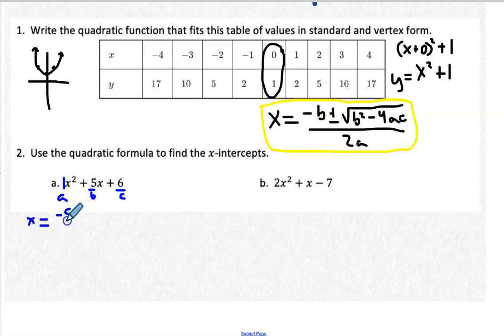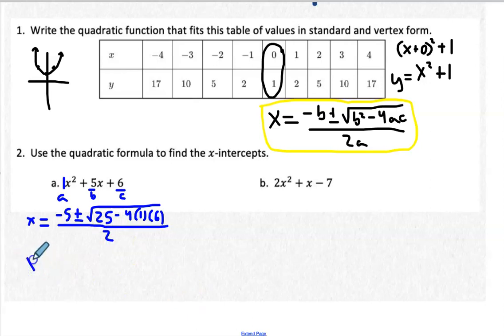The opposite of 5 is negative 5, plus or minus the square root of b squared. So b is 5. 5 squared is 25, minus 4 times a, which is 1, times c, which is 6, all over 2 times a. Here a is just 1, so it's just over 2. Okay, so that's our setup.